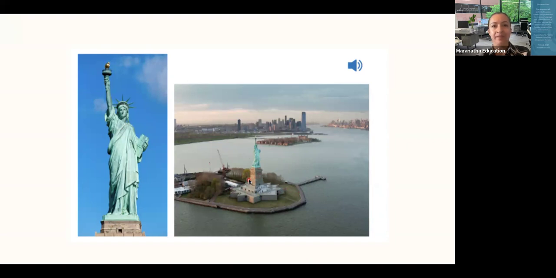Liberty Island borders the states of New York and New Jersey. And as I mentioned, the Statue of Liberty is a symbol that is very important to the United States because it's a symbol of American freedom.